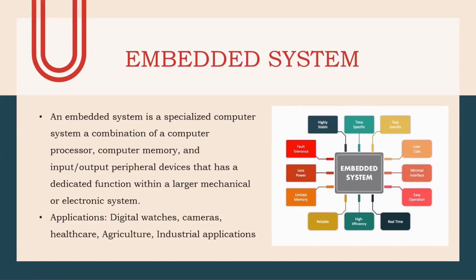It includes a processor, memory, and input output devices. It works as a part of a larger machine or electronic system. It has applications like digital watches, cameras, gadgets, healthcare devices, agriculture tools, and industrial machines.